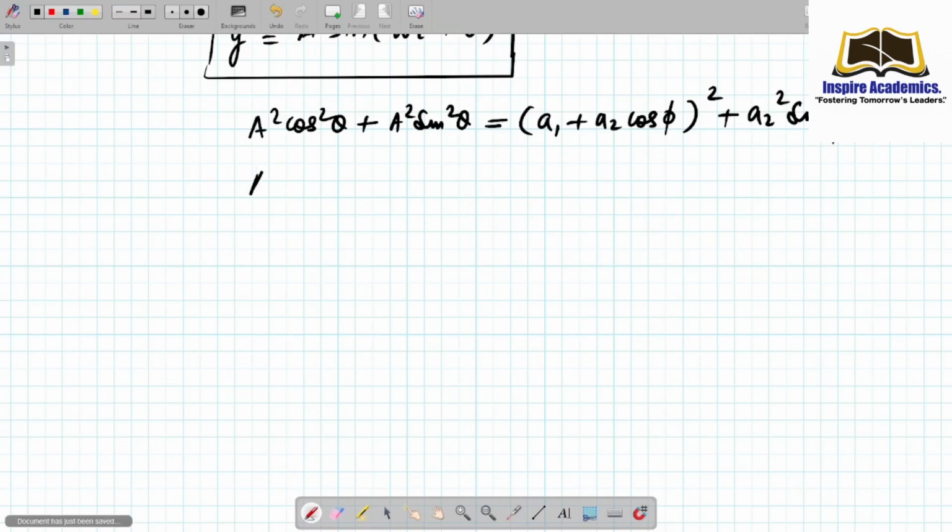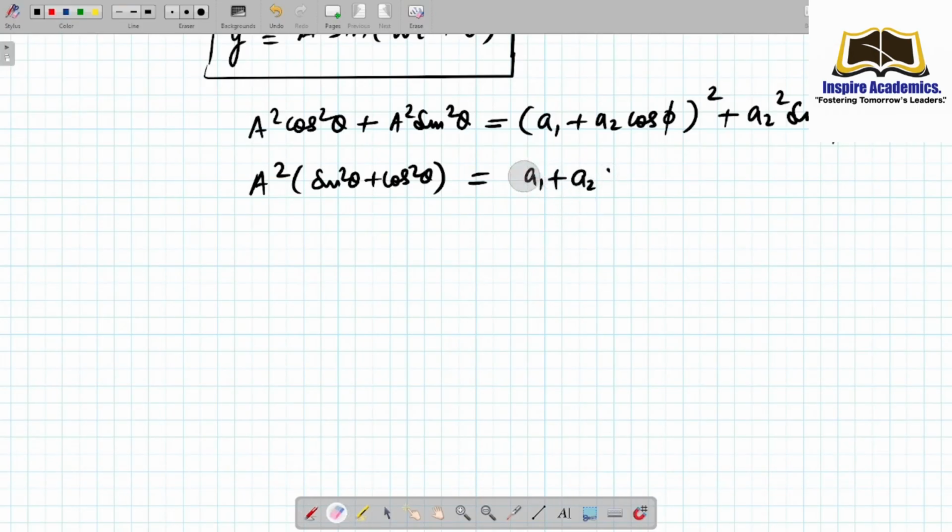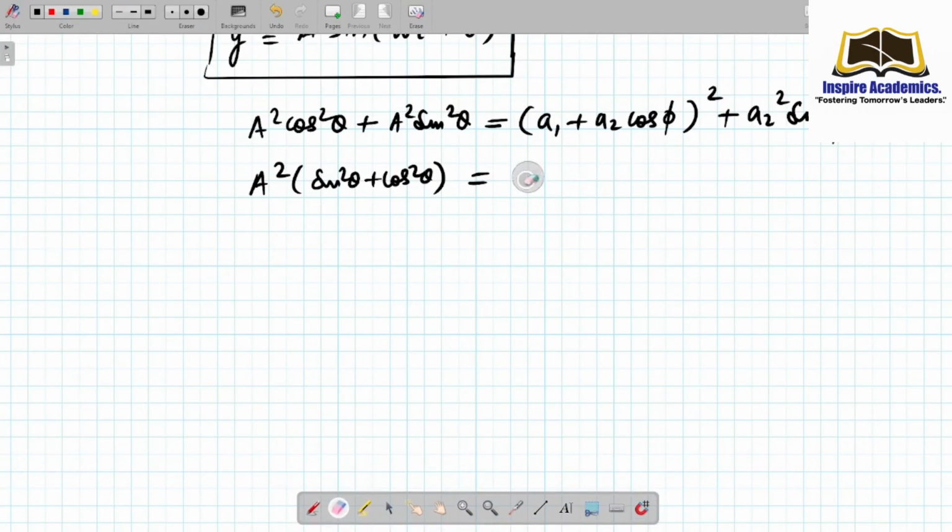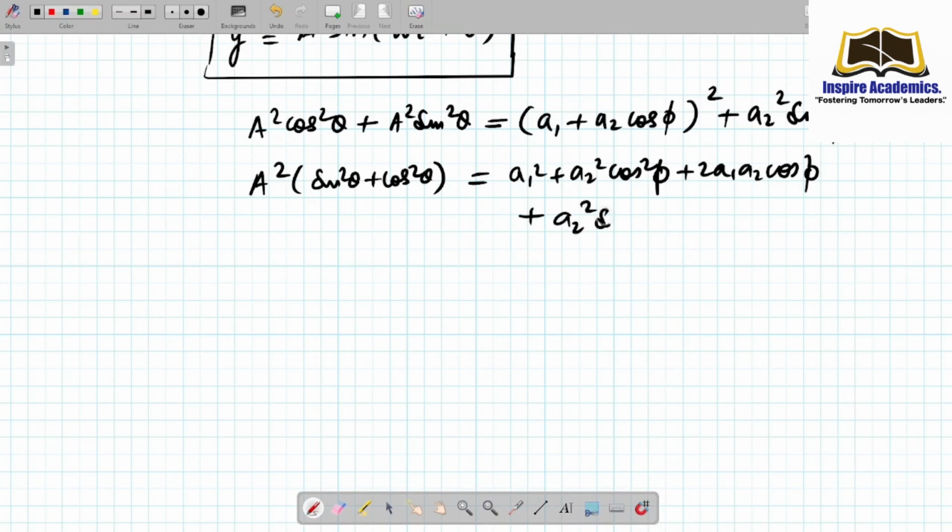Alright, so we will have A square sin square theta plus cos square theta equal to a1 plus a2. Let us expand this a little, so we will get a1 square, a2 square cos square phi plus 2a1 a2 cos phi and plus a2 square sin square phi.